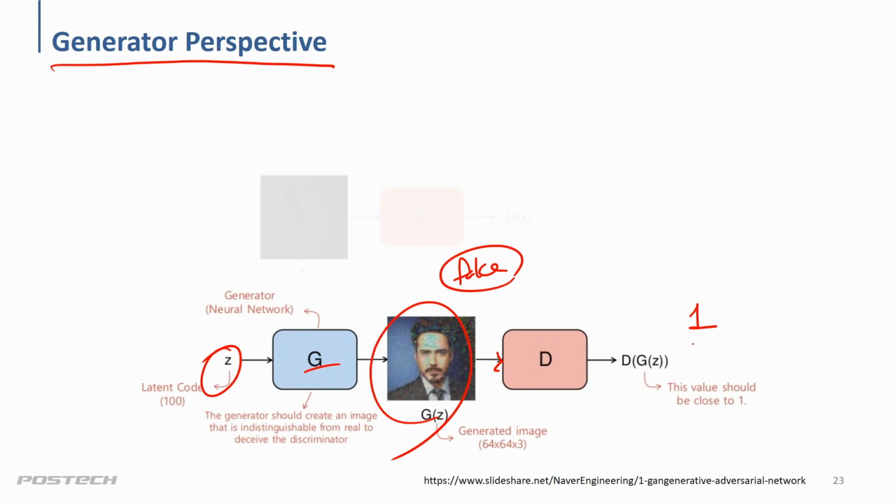You guys know what I'm talking about? Because here for the generator, we're gonna generate images, trying to make the generated images as real as possible so that we can fool the discriminator, make it say it's a real image.